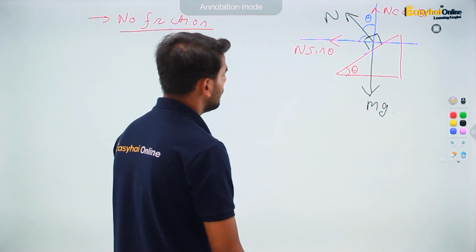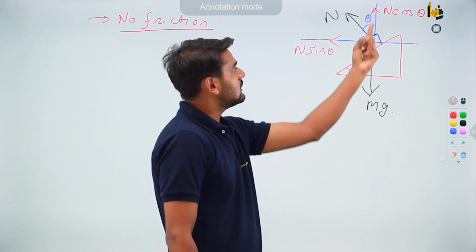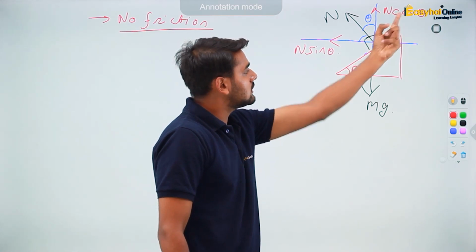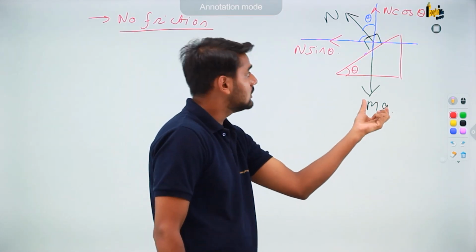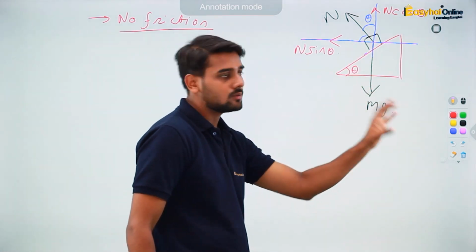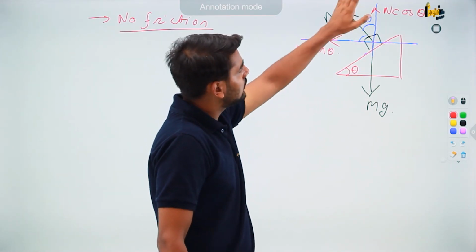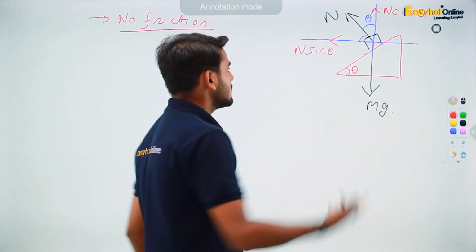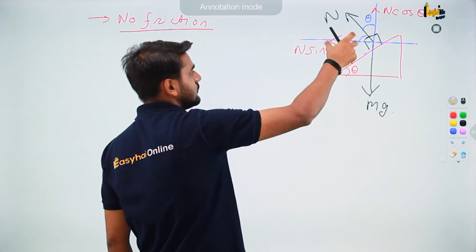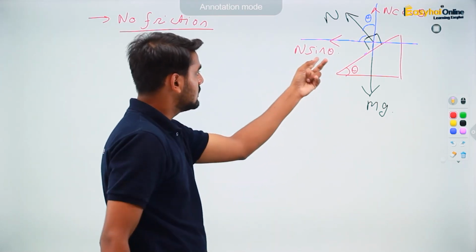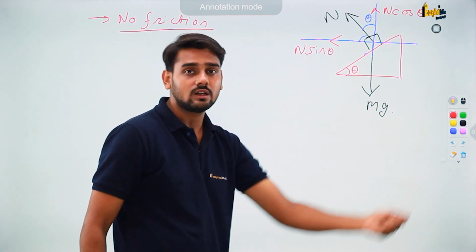In the upward direction, n cos theta is balancing mg, and these two forces are equal because there is no motion of the car along the y-axis. It's moving along the x-axis and the resultant force is in the left-hand direction. So n sin theta is equal to the centripetal force.